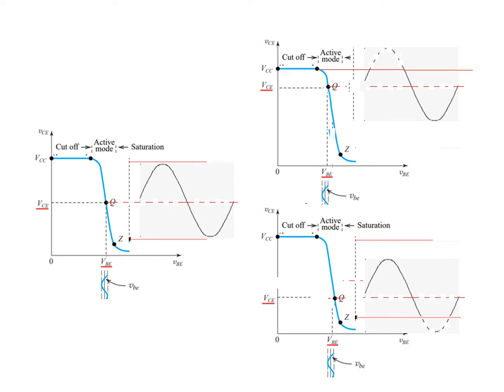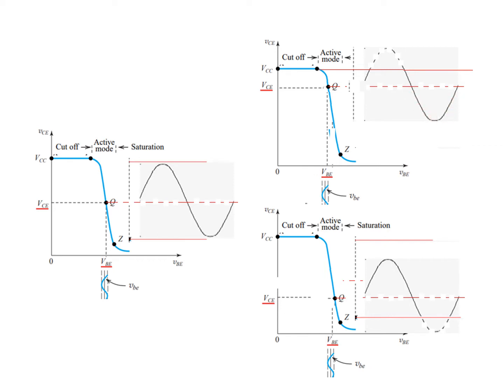And since it is in the middle, it will be equally amplified on both sides. Now, if this Q point is not in the middle, say it is up here, then what will happen to the same signal? Part of it will go beyond the cutoff point, so it will be out, and only this part will be visible or reproduced.